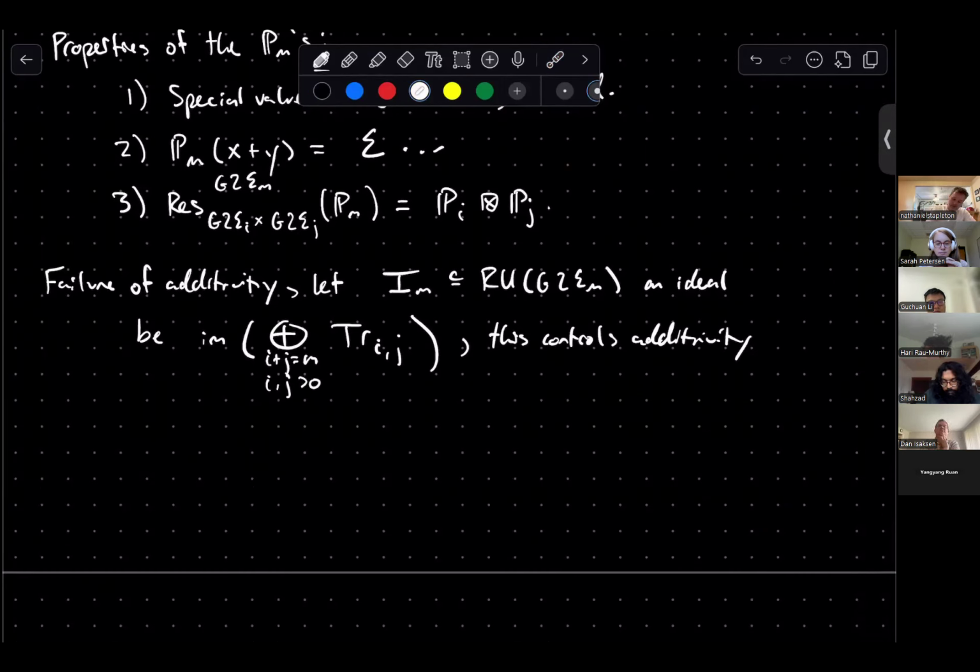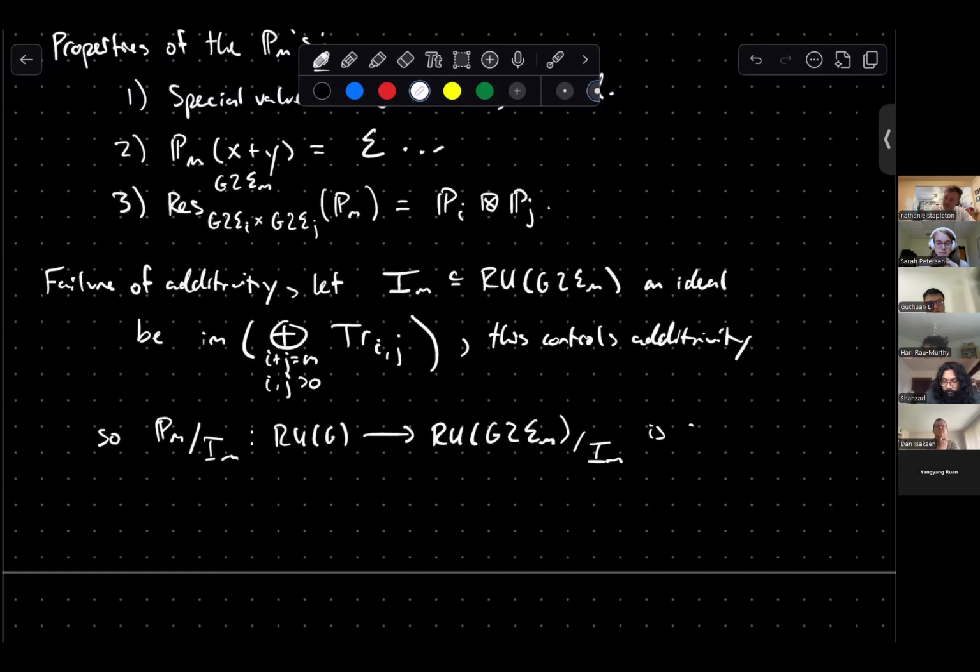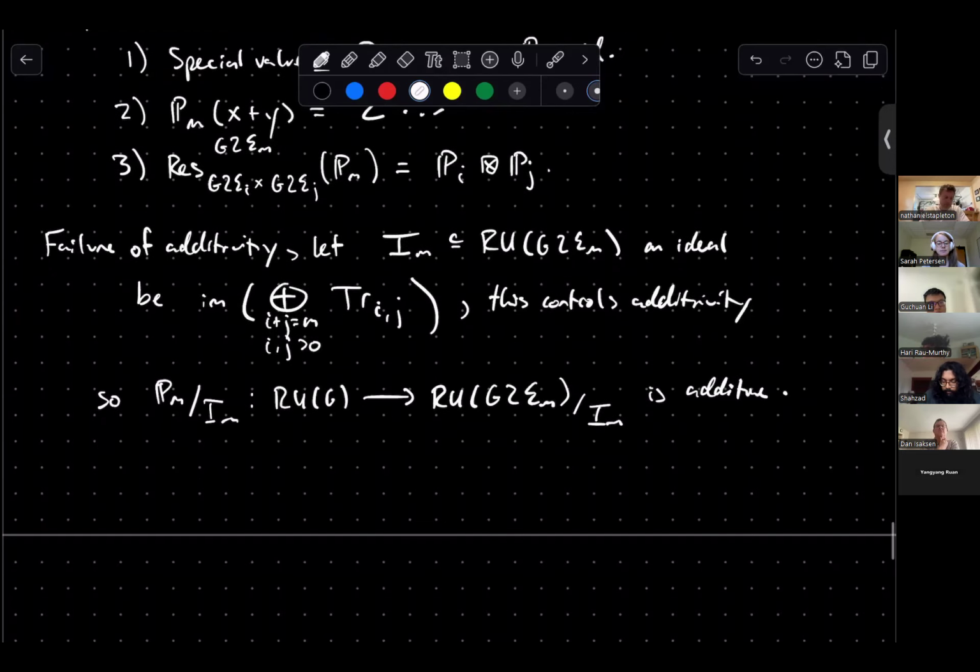So we could call this PM mod IM. This is a map from Ru of G to Ru of G wreath sigma m mod IM. This is additive. People call this the total additive power operation or something like that. Okay.